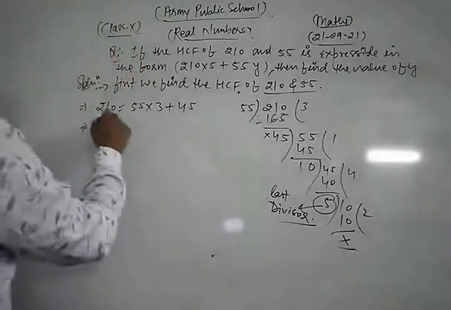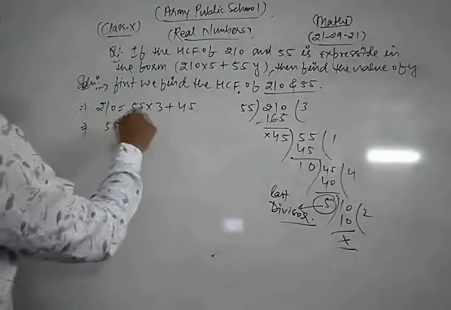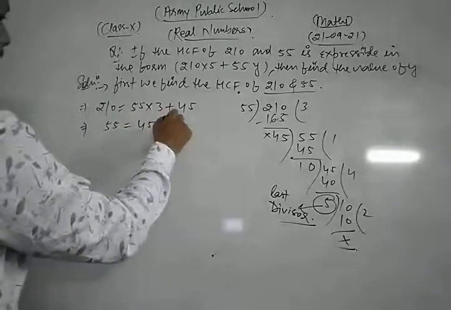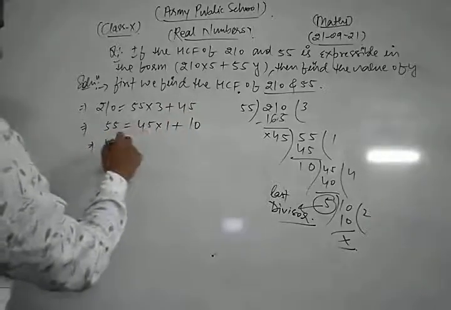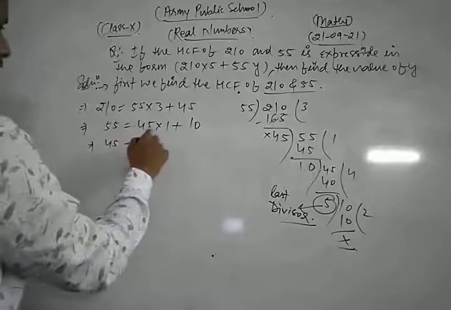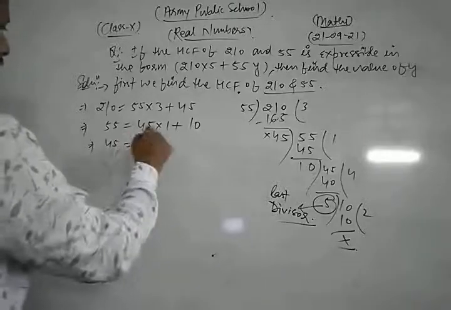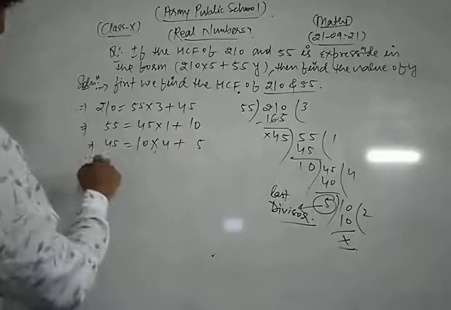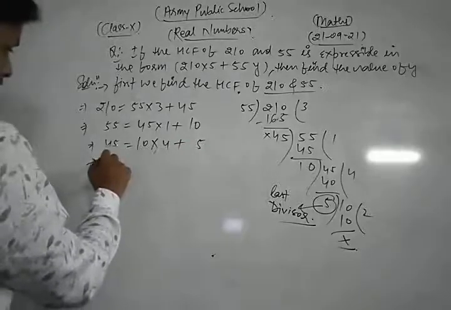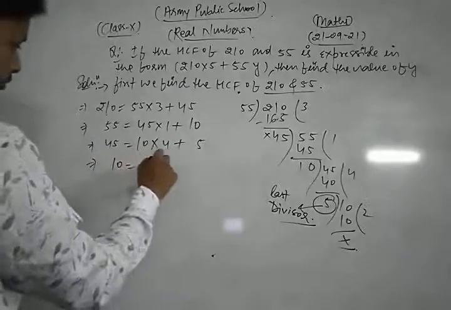So 55 is equal to 45 into 1 plus 10. Now again 45 is equal to 10 into 4 plus 5. Now again 10 is equal to 5 into 2 plus 0.